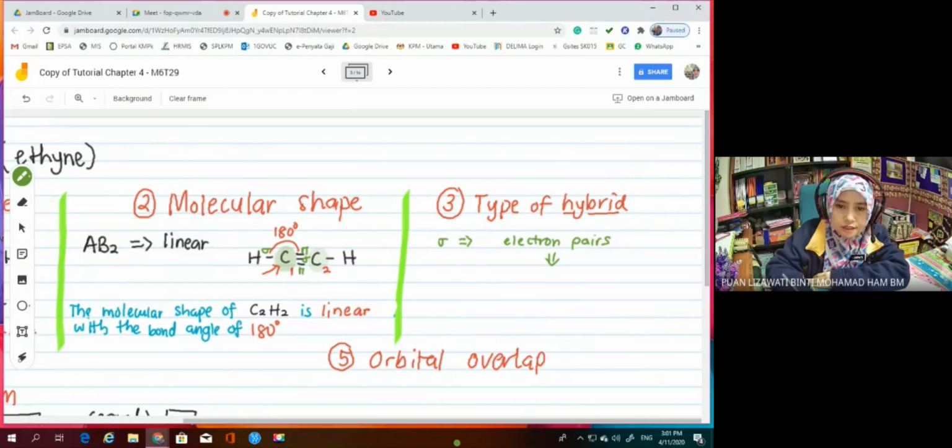Pi bonds are not considered for the type of hybridization. Therefore, there are two sigma bonds for the first carbon. When we refer to the second center atom, carbon 2, it also has the same two sigma bonds, one sigma bond here and the other one here. Meaning that both carbons have the same number of bonding pairs, which is two electron pairs. So the type of hybridization is sp. The two electron pairs here are arranged according to linear shape.